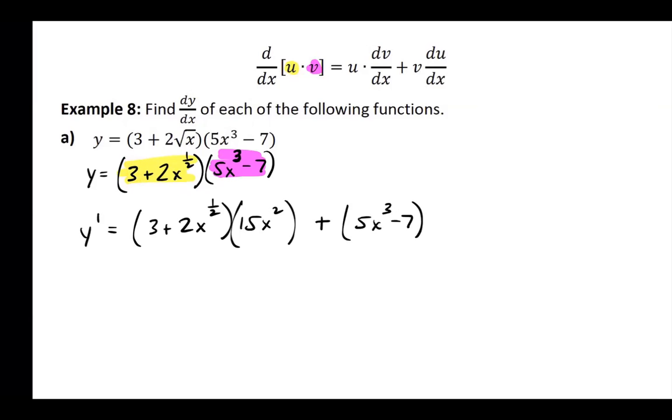Okay. Now we got to do the derivative of this part here. So we're going to move the 1/2 to the front, right? The 1/2 is going to move to the front and get multiplied times the 2. So 1/2 times the 2 that's already there. And then what power of x is going to be there now? Or how do I figure it out?